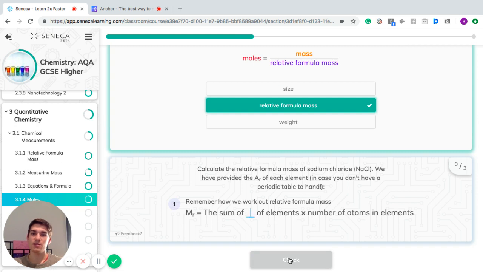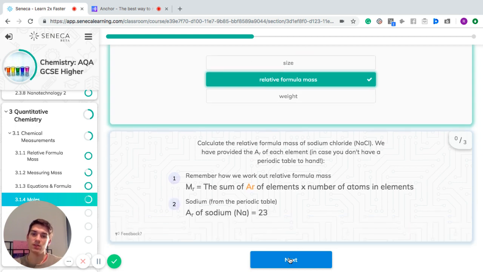So to calculate the relative formula mass of sodium chloride, we have to provide the relative atomic mass of each element, just in case you don't have a periodic table handy. So remember how we work out the relative formula mass. The relative formula mass is the sum of the relative atomic mass of the elements times by the number of atoms in that element.